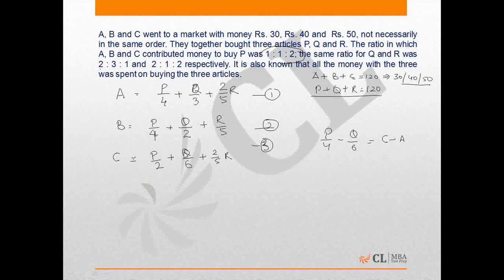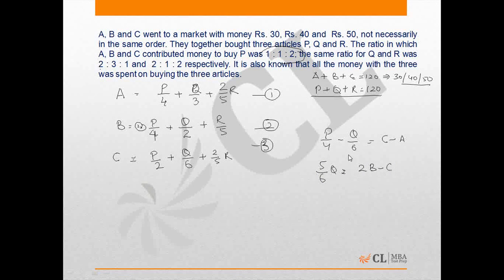Now for the second, if I multiply B with 2, the equation will turn out to be P by 2 plus Q plus 2R by 5, and that will be similar to C and B. So I'll multiply the second equation with 2 and subtract C, so it turns out to be 5 by 6 of Q equals 2B minus C.